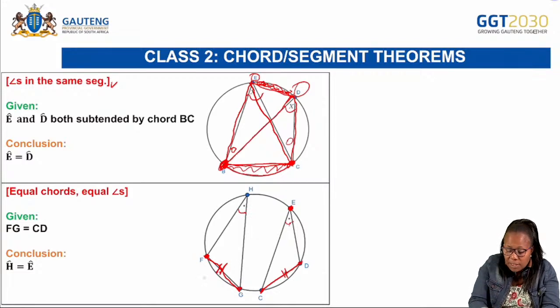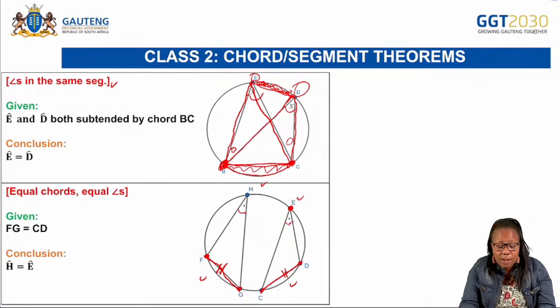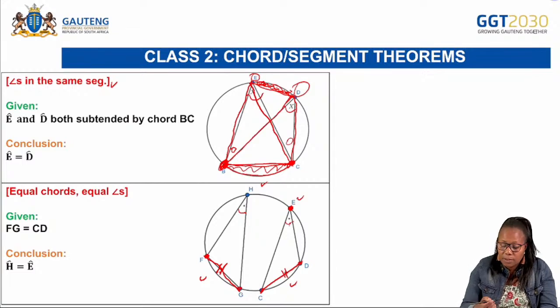This simply means chord FG, since it is equal to chord CD, therefore angle H will be equal to angle E. Why? Because equal chords subtend equal angles. You can also write equal chords, equal angles. It is also acceptable.